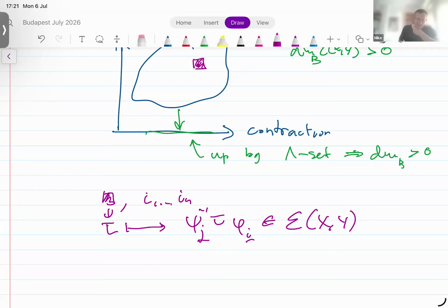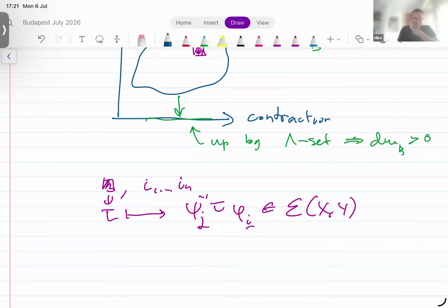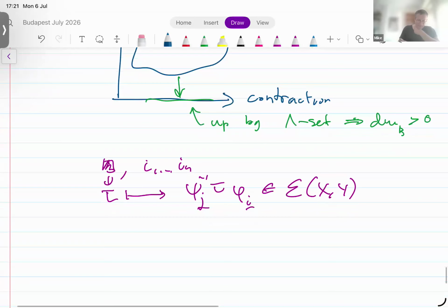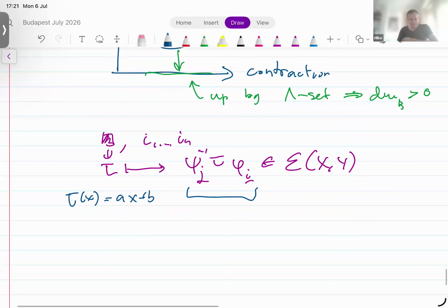Okay, but what does that give us? Well, you can explicitly calculate what this operation does. If tau of x is ax plus b, then what is this thing as a function of x? It's going to be some a prime x plus b prime. A prime is very easy.